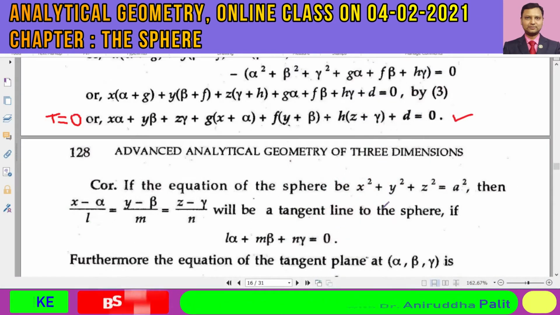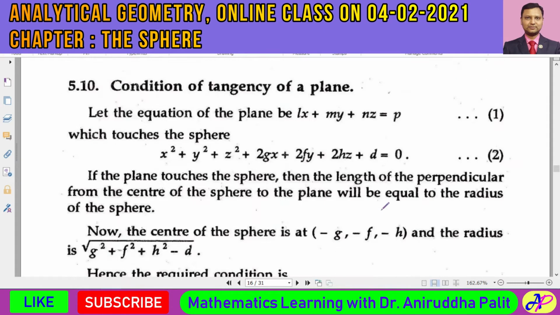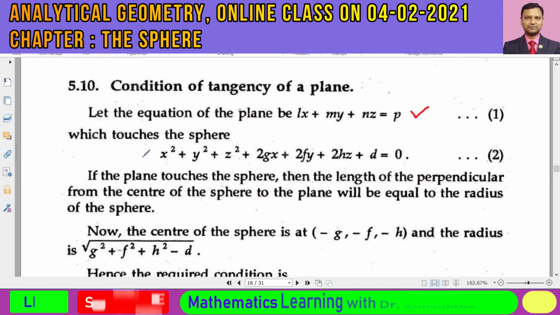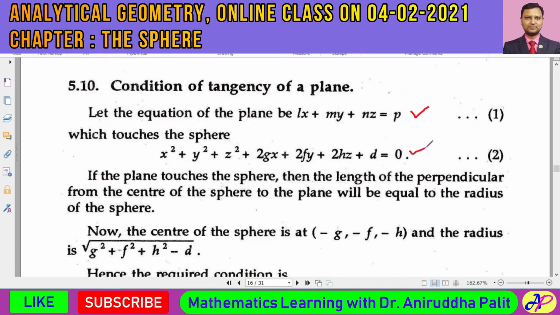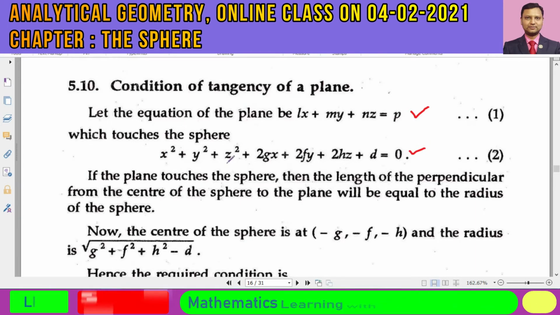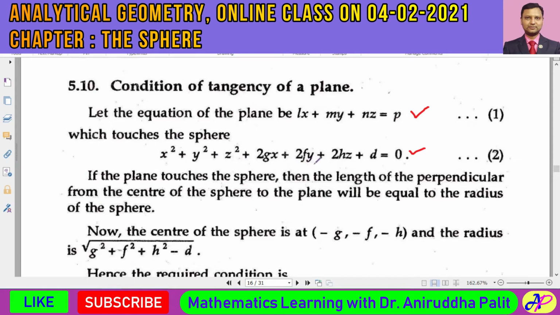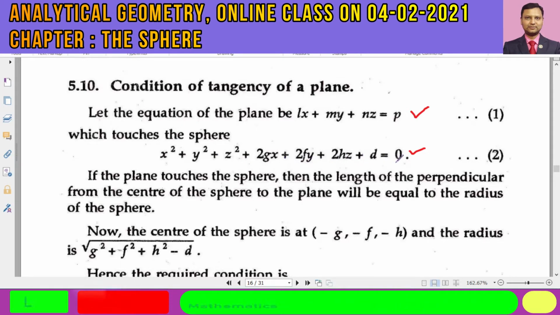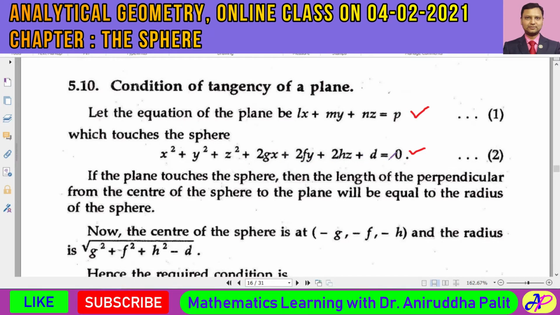From this result, we can find out the condition of tangency of a plane which would touch the sphere like this. So let us consider this kind of plane. Let us suppose that Lx plus My plus Nz equals P is the equation of the plane, and this plane touches the sphere x square plus y square plus z square plus twice gx plus twice fy plus twice hz plus d equals 0.